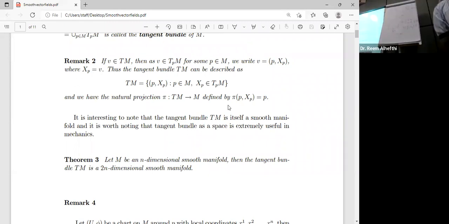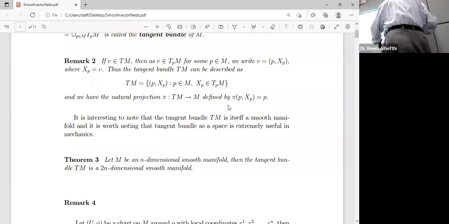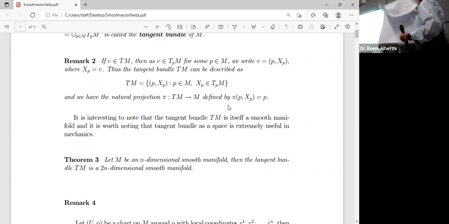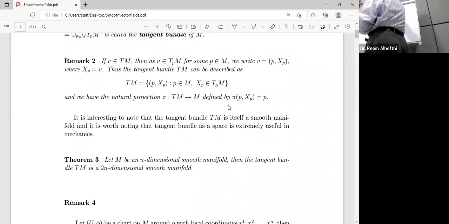This tangent bundle turns out to be a smooth manifold in the following way. We topologize the tangent bundle by the quotient topology, requiring the projection map to be a quotient map.